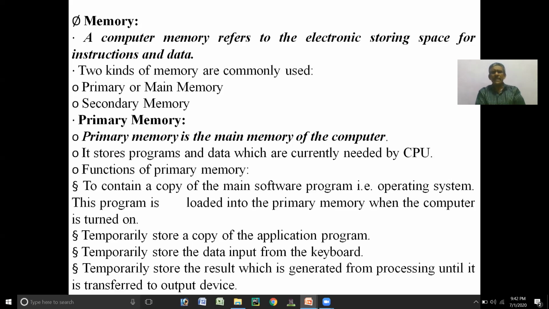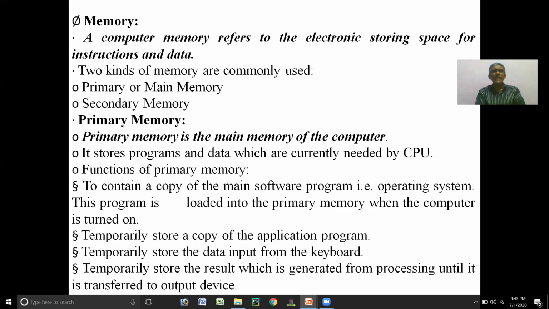Then it temporarily stores the result which is generated from processing until it is transferred to the output device. When you perform some computation or calculation, for example, we want to get the addition of two numbers, that is 2 and 2. Then 2 plus 2, it performs the calculation.